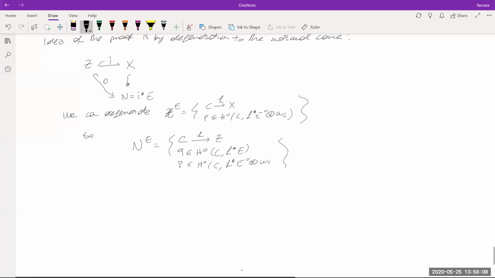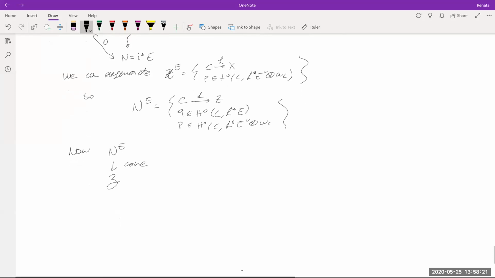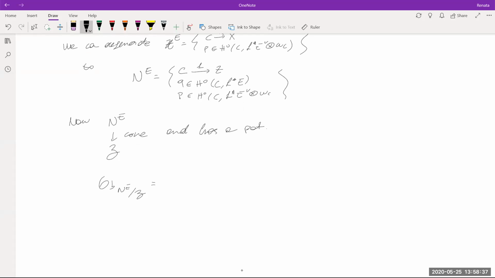Okay, and now this space is a cone over our moduli space of Z, and has a perfect obstruction theory relative to Z, of which the obstruction sheaf just looks like the obstruction to deforming the data of Q and the data of P. So Q and P are just sections of some vector bundle.